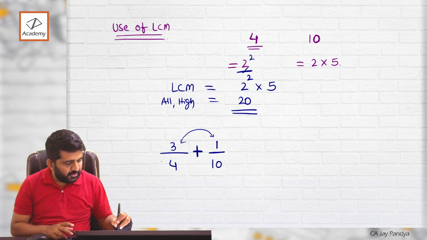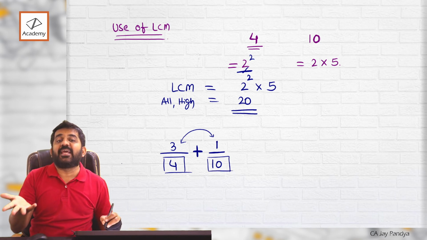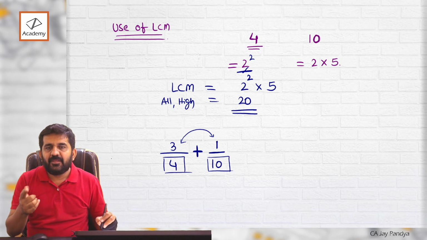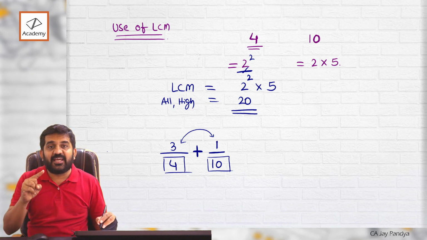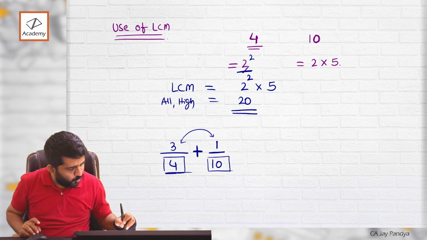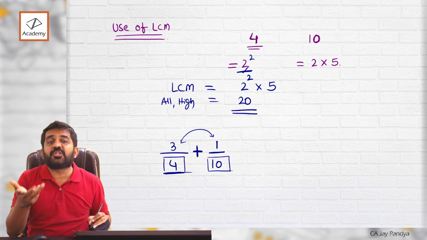Here the denominator should be the same, but they are not the same. So let us make it the same. How to make it the same? I can multiply anything in the numerator and denominator. So this is 4. What number should I make?